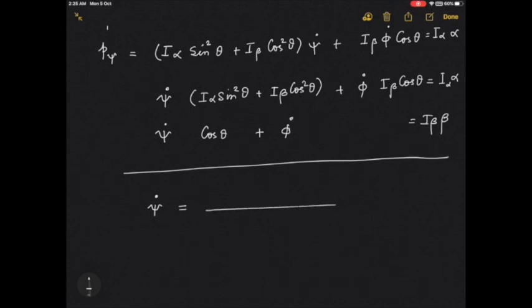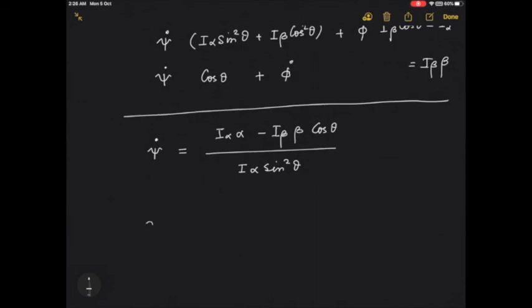So psi dot will come out to be I alpha times alpha minus I beta times beta into cos theta by I alpha sine square theta. Phi dot is a little complicated, but it also has in the denominator I alpha sine square theta.